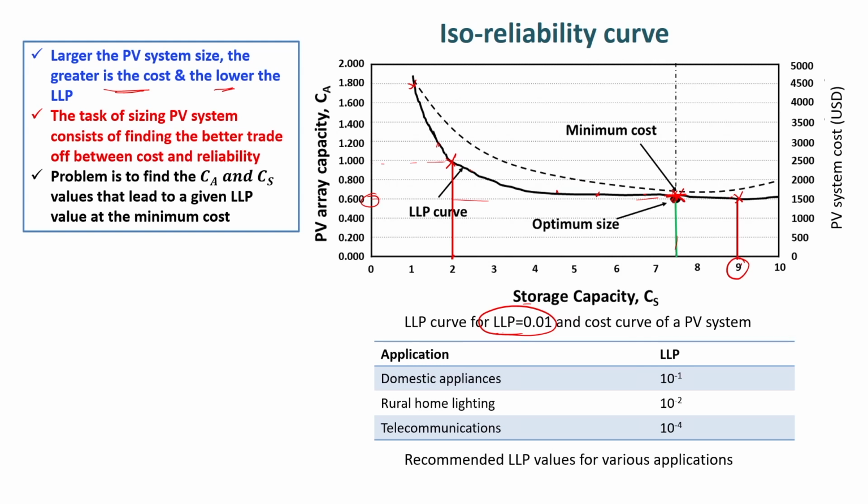That is how we can optimize the system, right. And there are recommended values of LLP, like for domestic applications its value is about 0.1, rural home lighting 10 to the power of -2, and telecommunications it is 10 to the power of -4. This is already recommended, right.